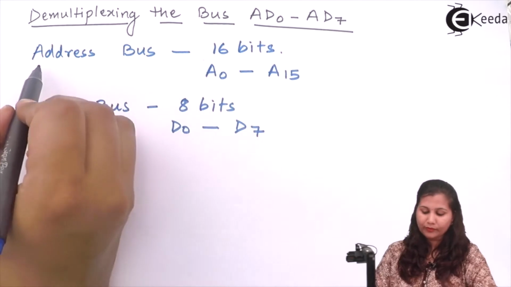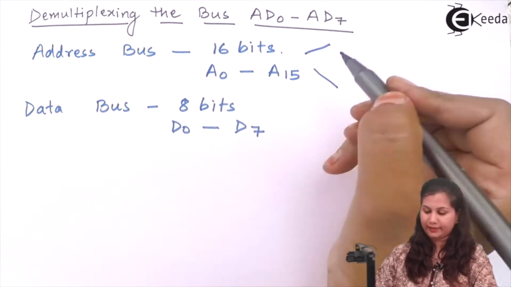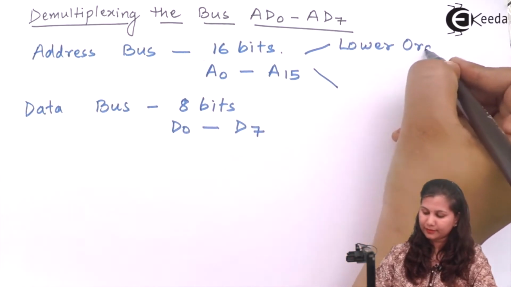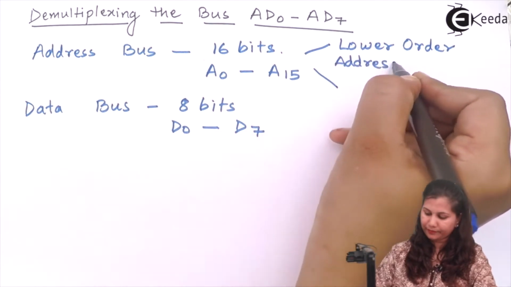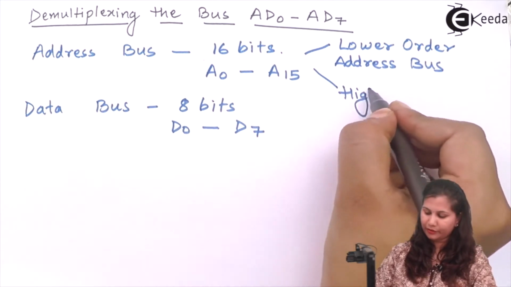So this address bus is divided into two parts. First is the lower order address bus and the higher order address bus.